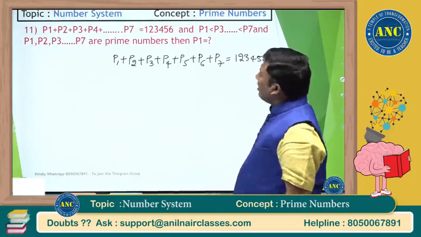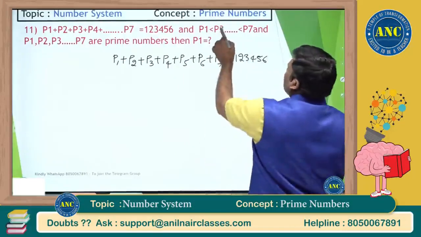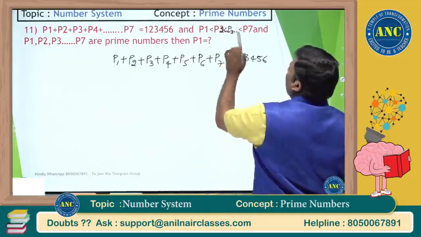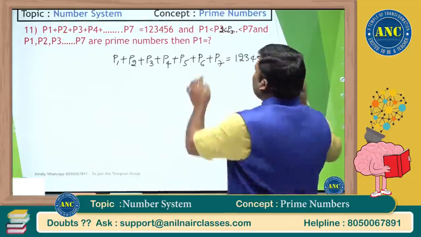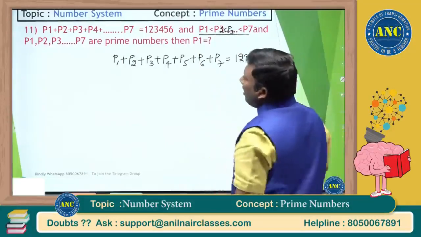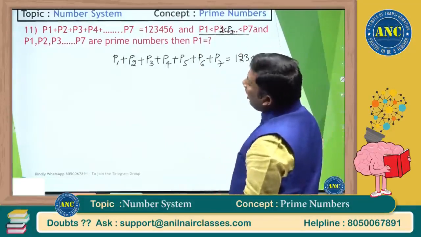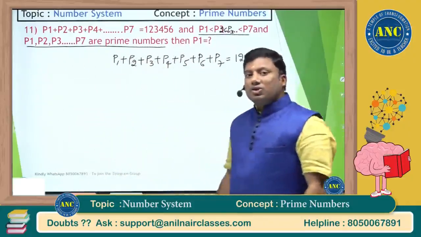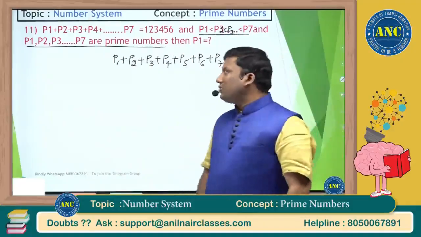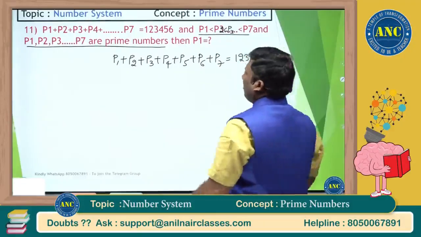Read the question first. P1 less than P2 less than P3 and so on up to less than P7. Smallest number is P1. That is the meaning of these inequalities. All these values given in the question, P1, P2, P3 till P7, are prime numbers.